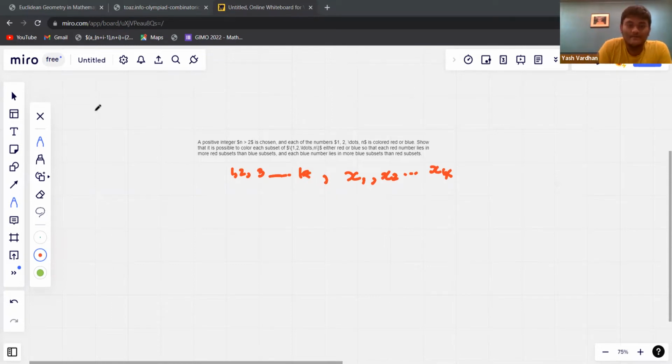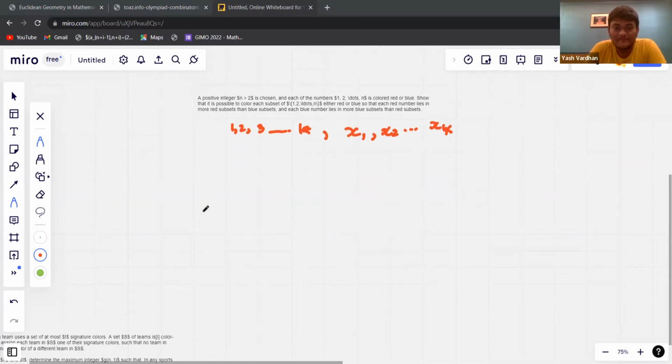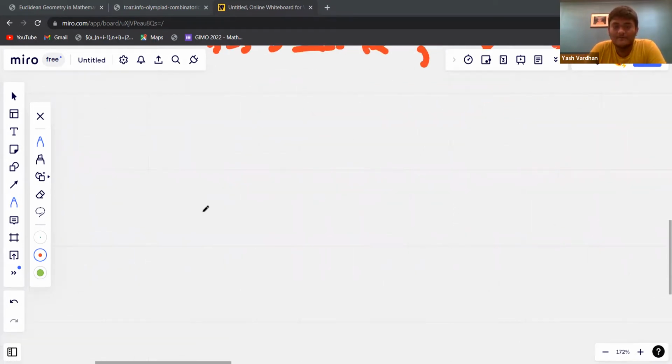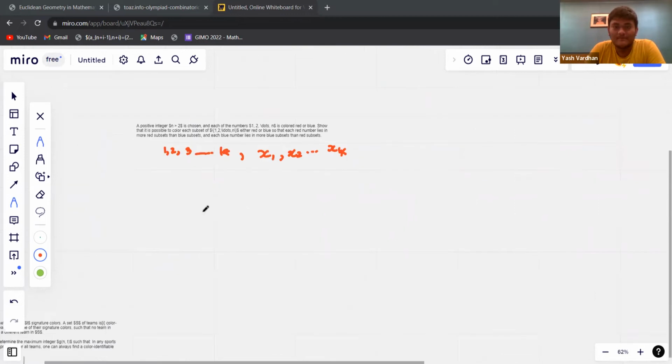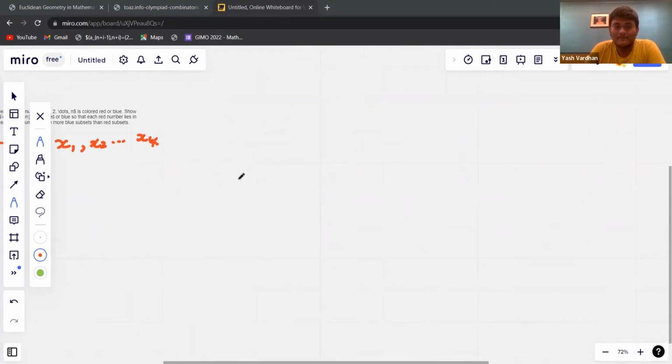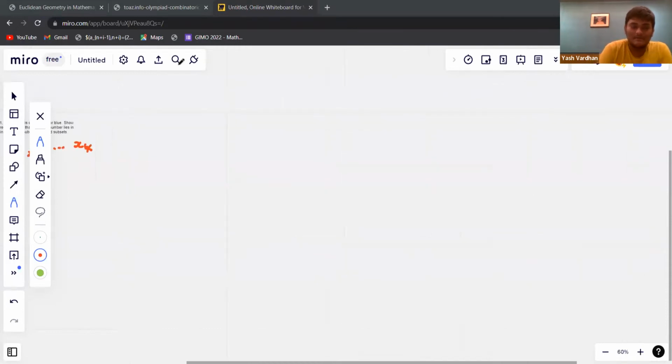Okay, then I'll proceed, I guess. So suppose we have two red elements i and j, and say xi is less than xj.